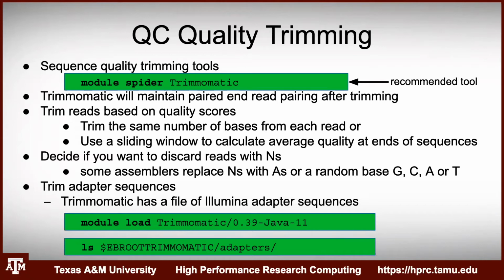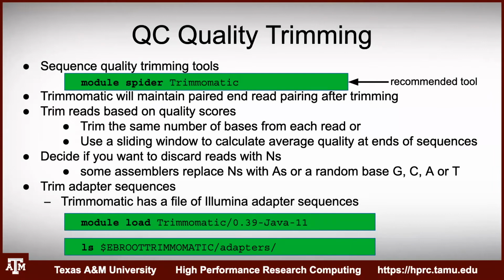These are recommended because they actually maintain proper read pairing. Some tools may trim out an entire read, like one of the pair, but still write the other read that passes to file.